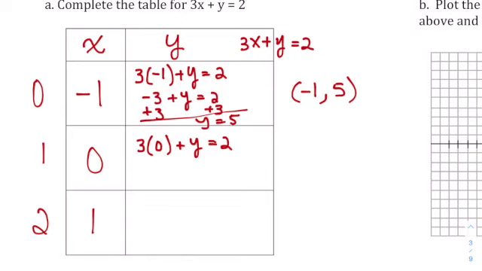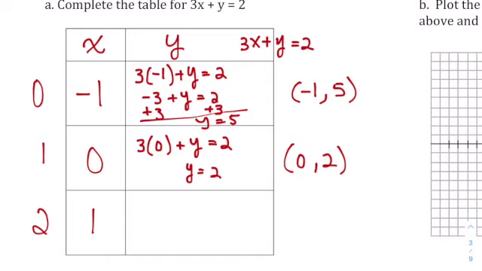And because 3 times 0 is 0, y is just 2. See? 0 is really nice to work with. Unless they told you not to, or for some unknown reason you cannot use 0, 0 is usually my best choice. So now you have 0, 2.